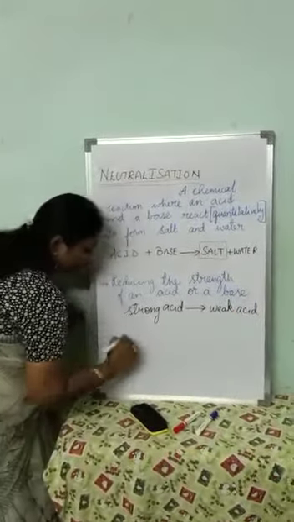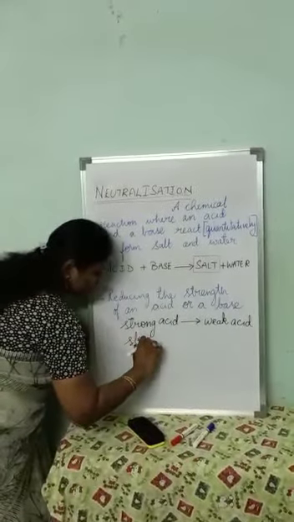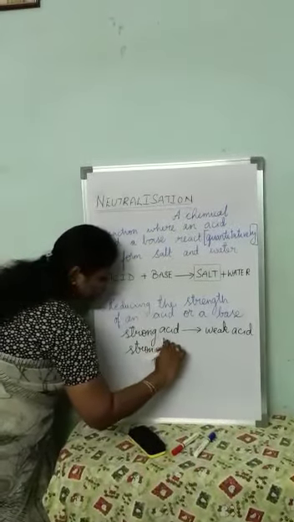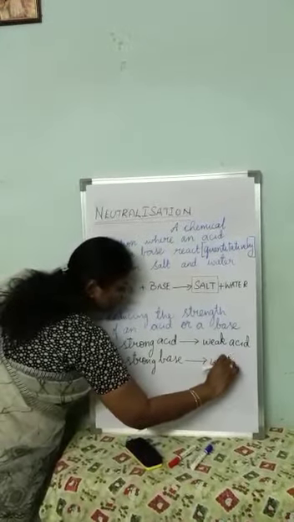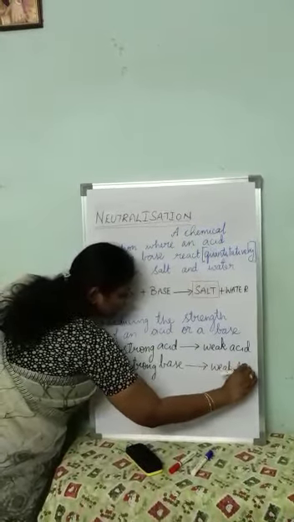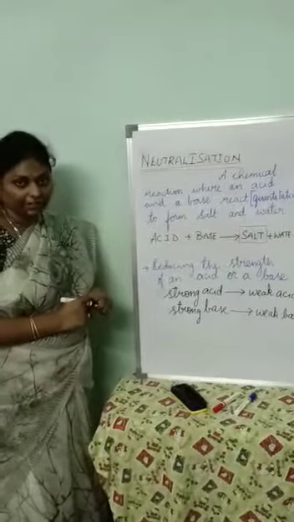Similarly, we can reduce the strength of a strong base and turn it into a weak base by adding acids. That is what we are going to do in a neutralization reaction.